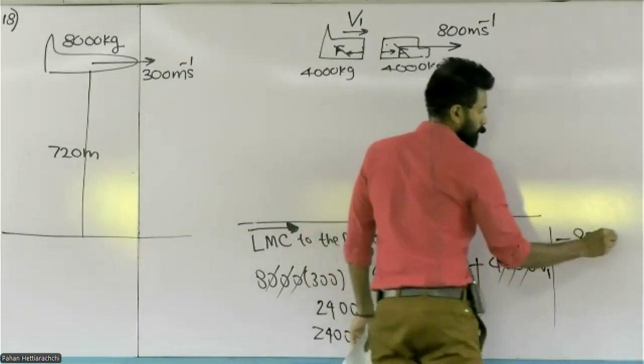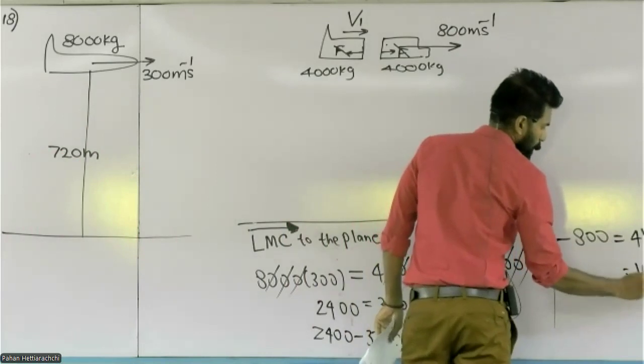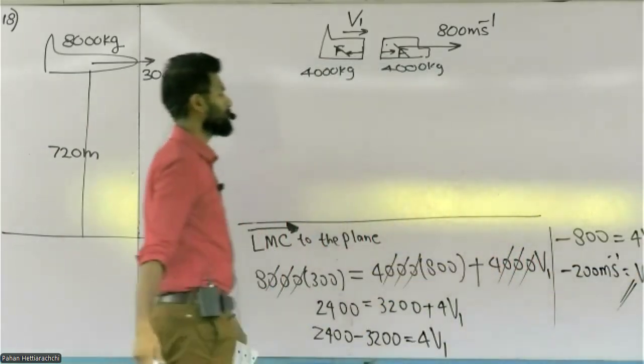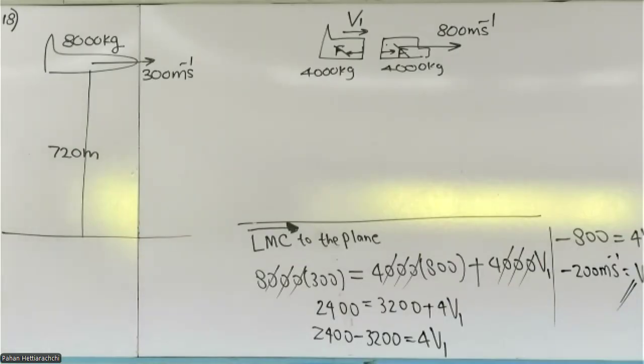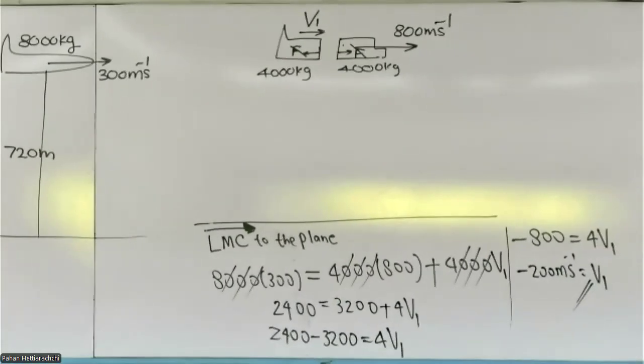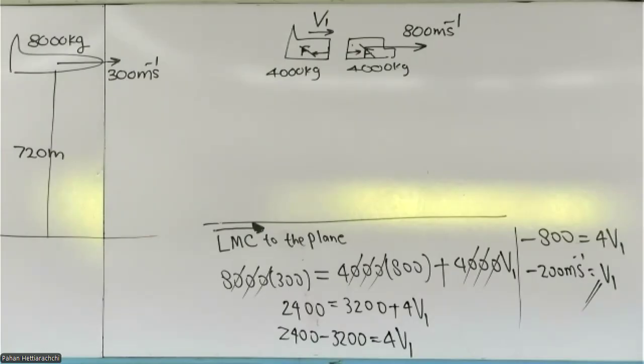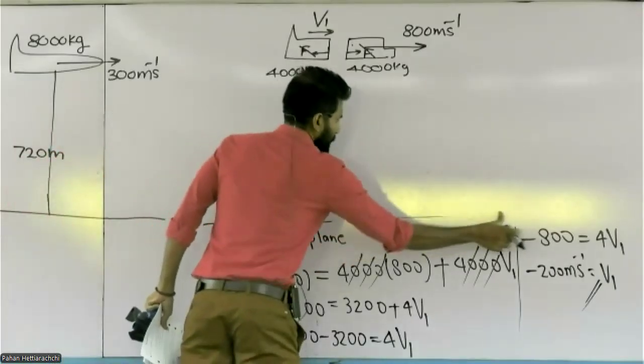V1 is equal to minus 200. So the V1 is equal to minus 200.